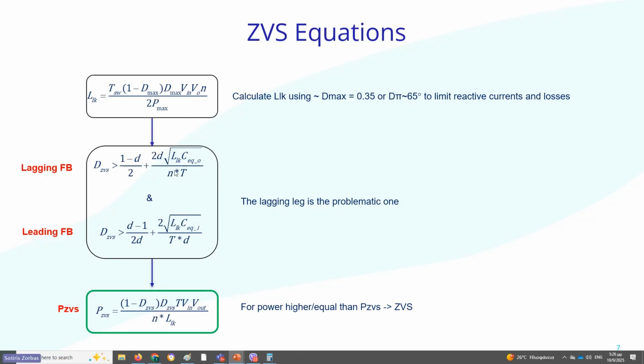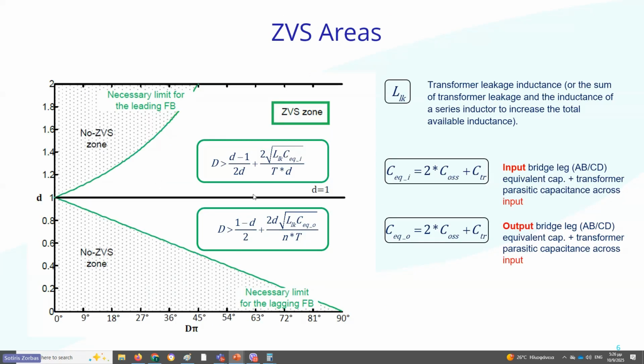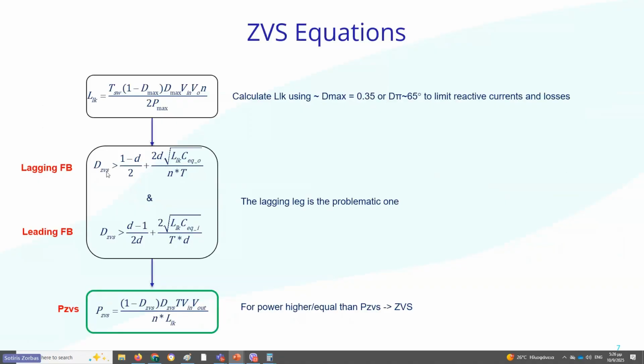All right. Now, these two equations are exactly the ones that we saw here, right? These two, except that I wrote here, this is the capital D to achieve ZVS, and basically you need to satisfy both of these equations.